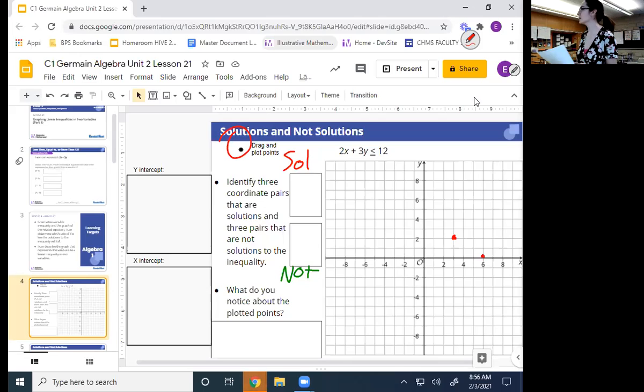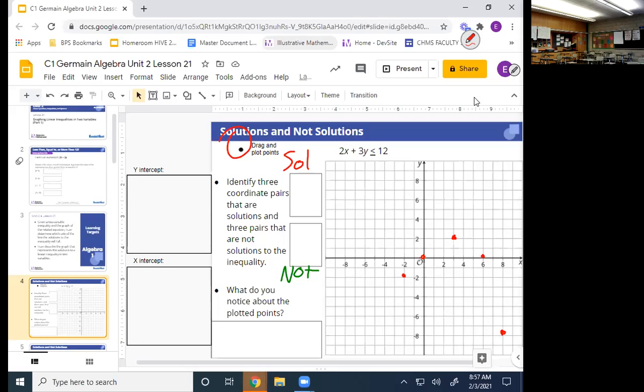Gabe said 0, 0. Nice job, Gabe. Max said -2, -2. Okay. Let's see. 8, -8. So over to 8, down to -8. Nice job on that one, Max. Another friend in the chat said -3, 6.